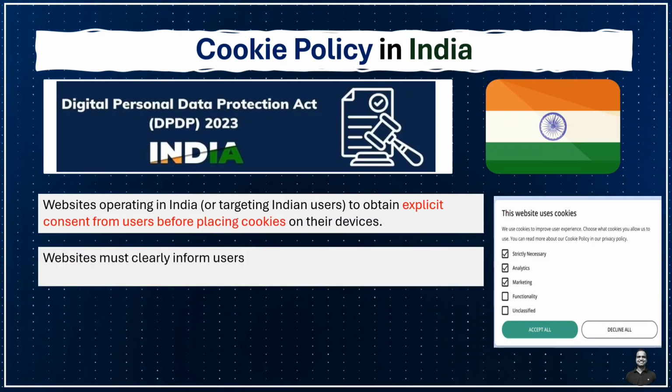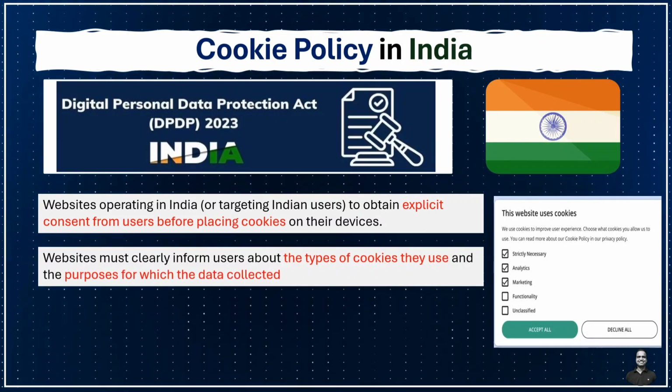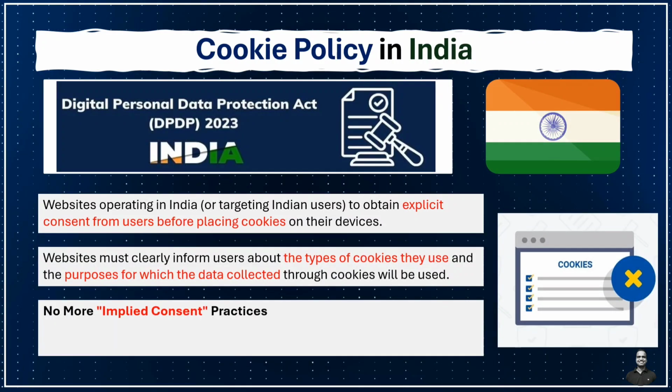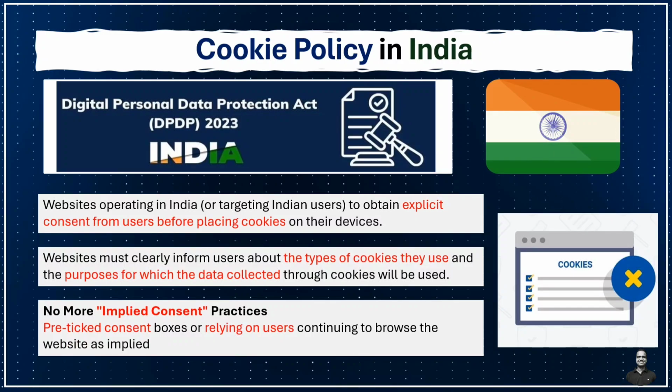Websites must clearly inform users about the type of cookies they use and the purposes for which the data collected through cookies will be used. Practices like pre-ticked consent boxes or relying on users continuing to browse the website as implied consent are no longer valid under the Digital Personal Data Protection Act.